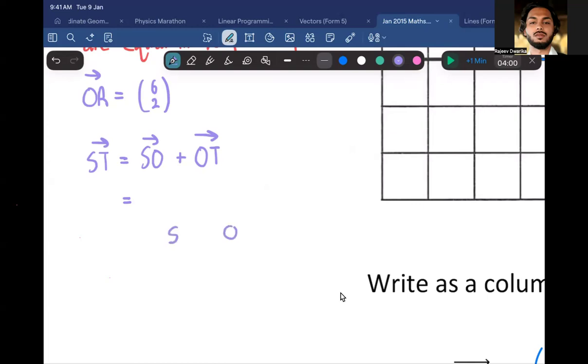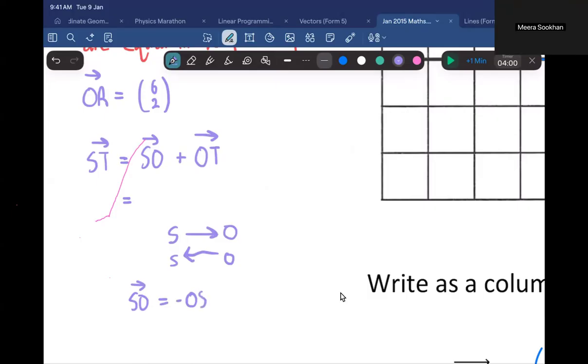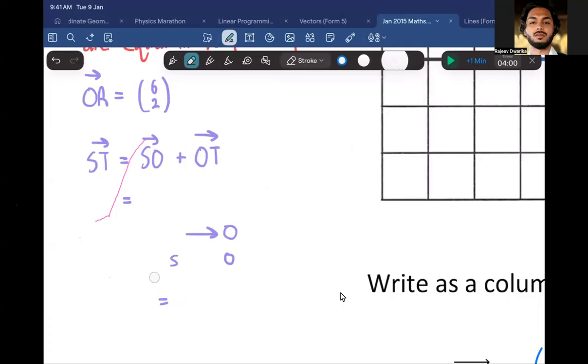S to O, and O to S would be in the opposite direction. Okay, so S to O is the same thing as negative OS. Anytime it changes direction, it's negative.